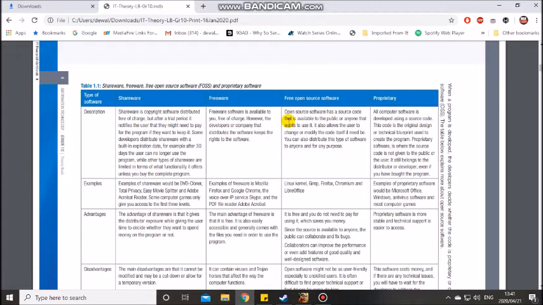Then proprietary software is developed using source code. I mentioned open source software, where the source code is free and everyone can see it. With proprietary software, the source code is hidden and you do not get access to it.